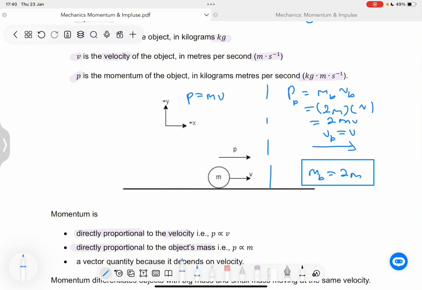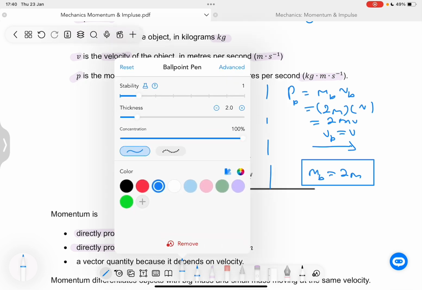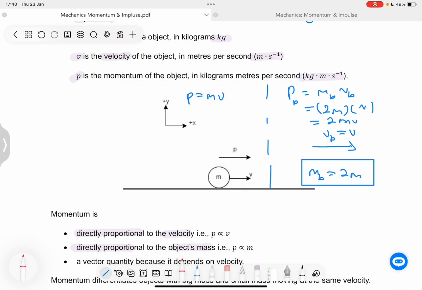So from this point here, we again have a relationship where we can group the mv so that the momentum of the box is equal to 2p. Do you see that? We're saying that if you double the mass, the momentum will also double. It is double the momentum that we started with on this object.